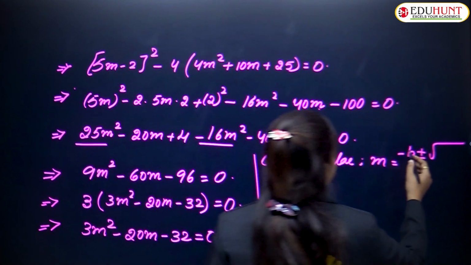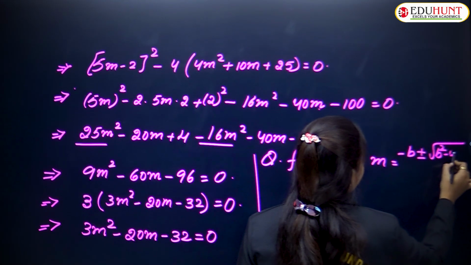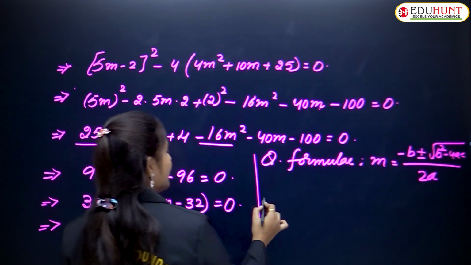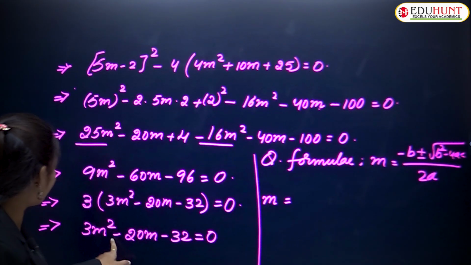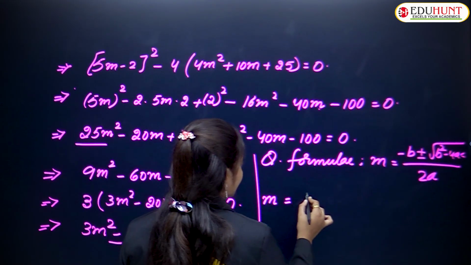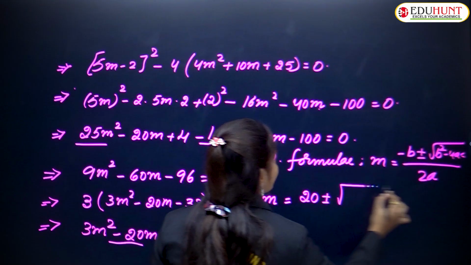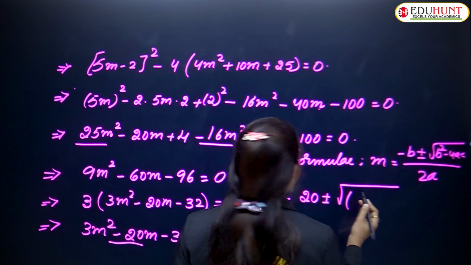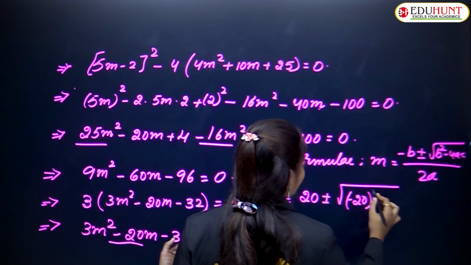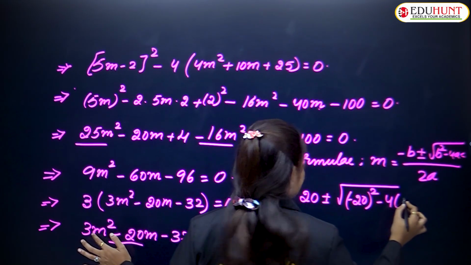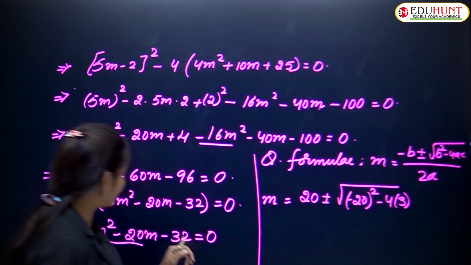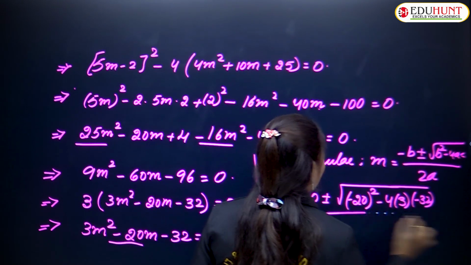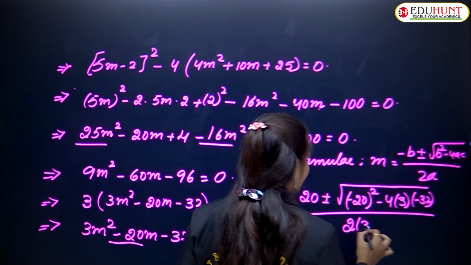So m is equal to minus of minus 20, which is plus 20, plus or minus square root of minus 20 whole square, means 20 whole square only, minus 4 into a, which is 3, and c, which is minus 32, whole by 2 into a, which is 3.